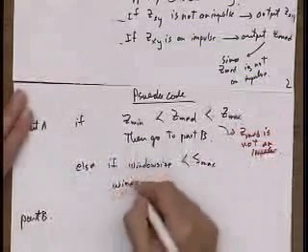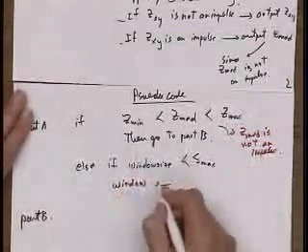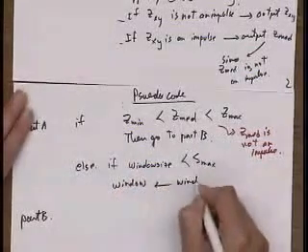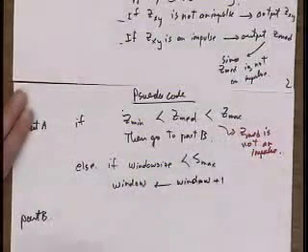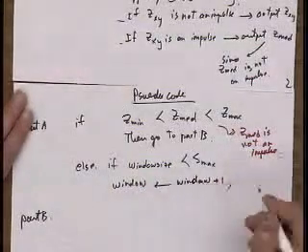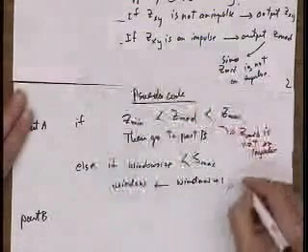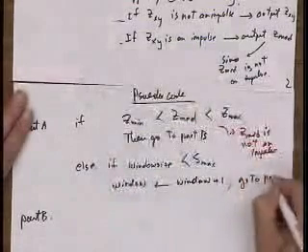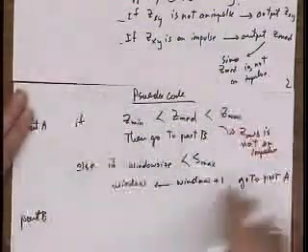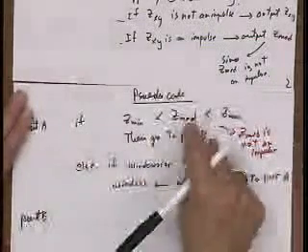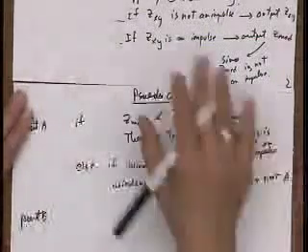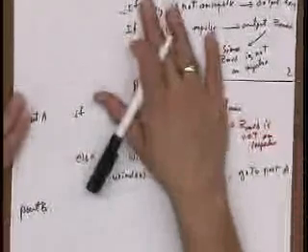So window takes on the value window plus 1. In that case, go to part A. Repeat checking until you reach a point where the median value is not an impulse. And when you reach that point, now come to part B.